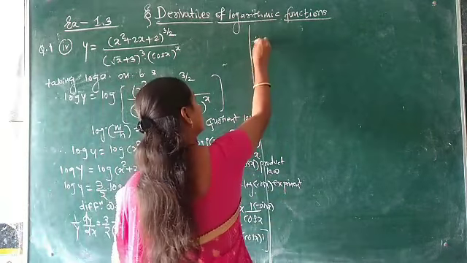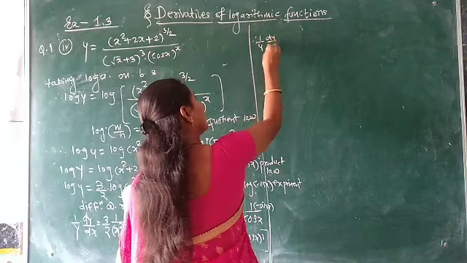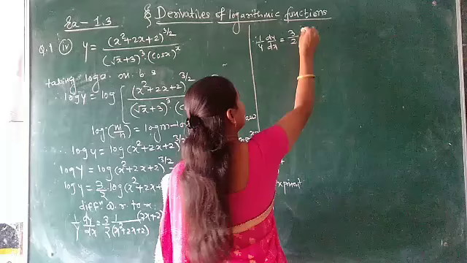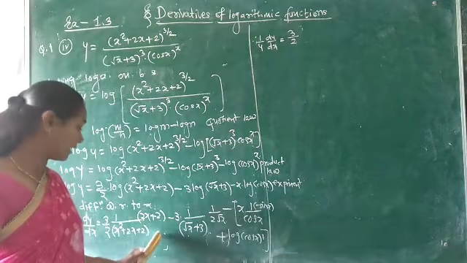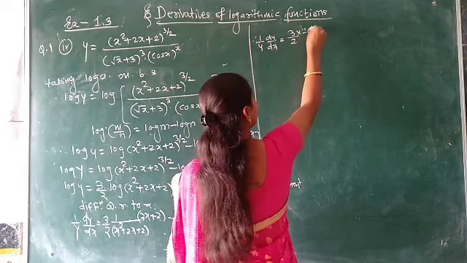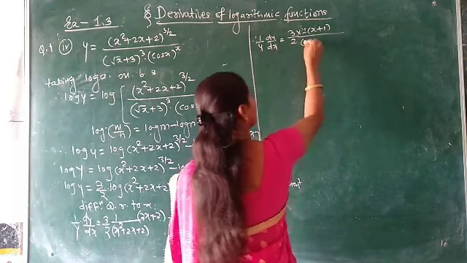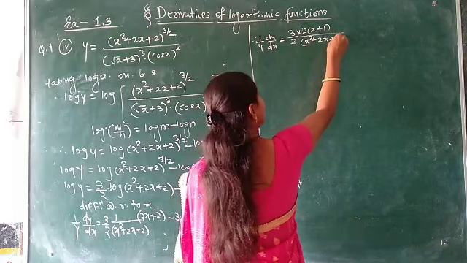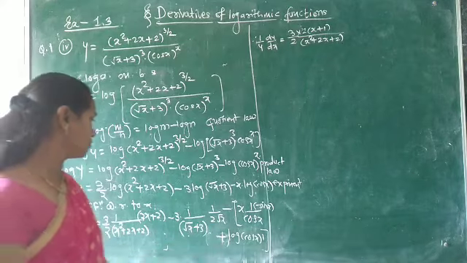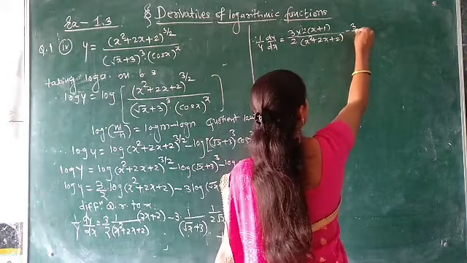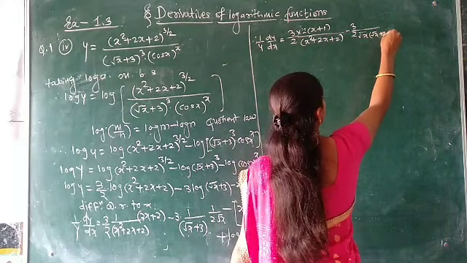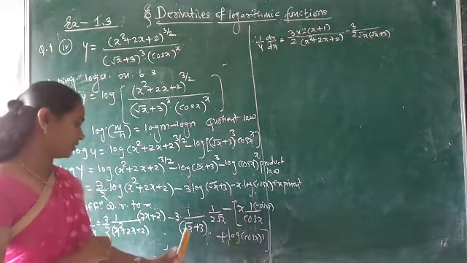Therefore 1 upon y into dy upon dx is equal to 3 by 2 into, now here 2x plus 2, so we take 2 common, so we write 2 into (x plus 1) divided by x square plus 2x plus 2, minus 3 upon 2 root x into (root x plus 3).